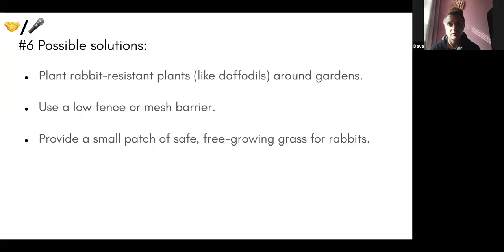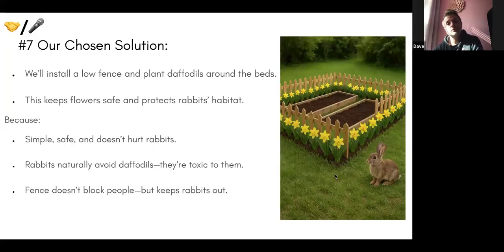For your issue. We have to understand the animal, we have to understand the issue, right? So if you take a look, we installed a low fence and planted daffodils around the bed. Now, if you look at that, the rabbit does not like daffodils. Not going to go past them.